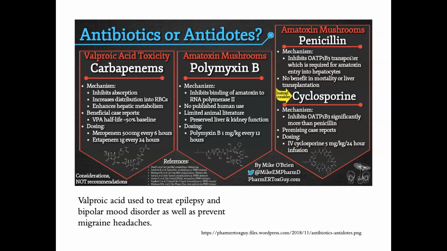When it comes to poisonous mushrooms, that's the amatoxin mushrooms. Again, antibiotics also help. So this is just there to remind us that an antidote can sometimes be an antibiotic.